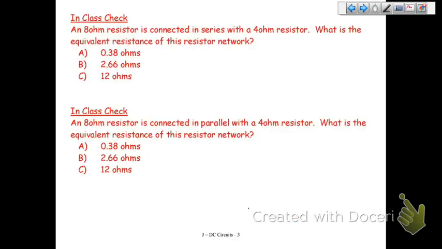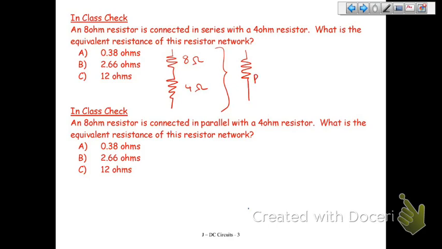So an 8 ohm resistor is connected in series with a 4 ohm resistor. Series means no choices, so they must be end to end. 8 ohms, 4 ohms. What is the equivalent resistance of this circuit? So I want a single resistor.